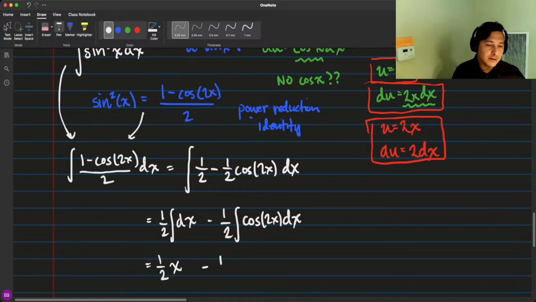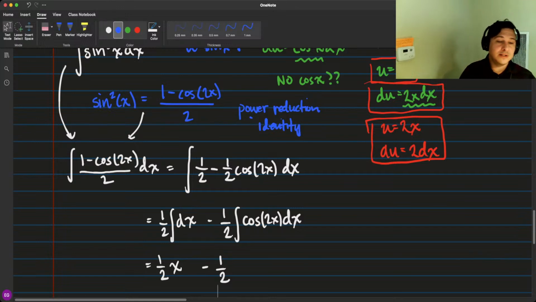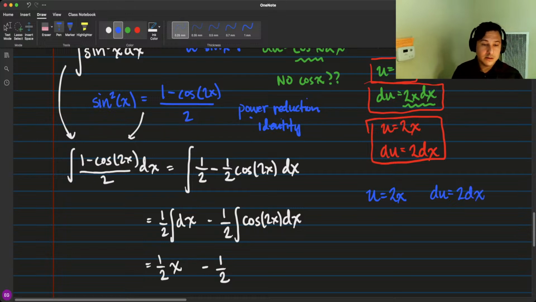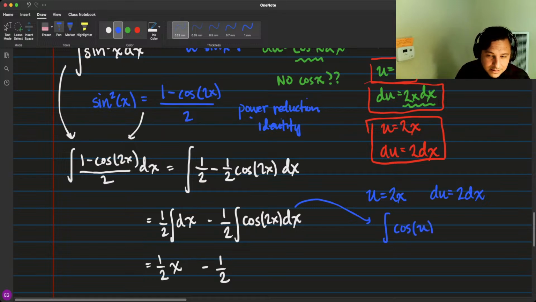Now the second one's a little more complicated. So you look at this, and you could do a u substitution. I'm going to set u equal to 2x, because then my du will be equal to 2dx. And you realize that this integral can be rewritten as the integral of the cosine of u du.